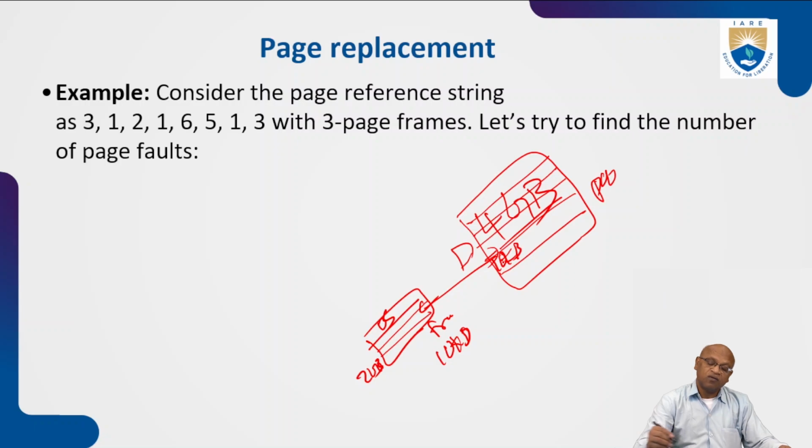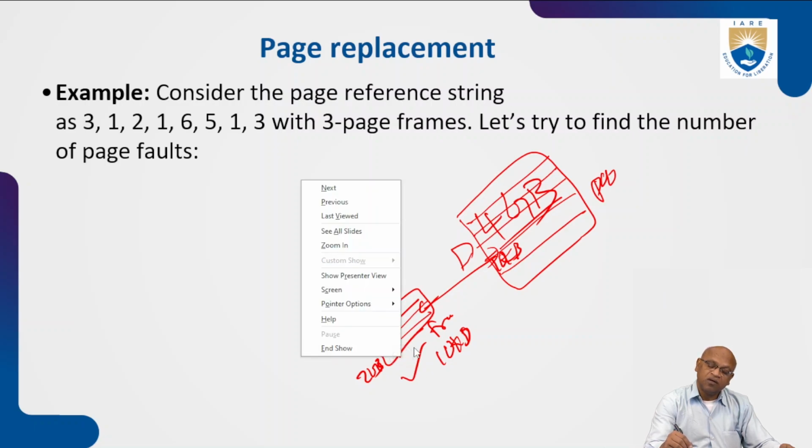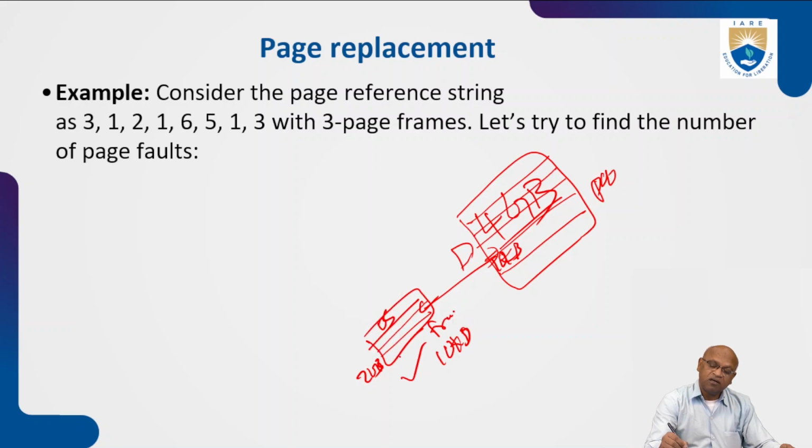Whatever number of frames are available in the RAM, that many pages will be brought in. Suppose there are 10 available. The first 10 pages are transferred, and we maintain the page table, which records which page is coming to which frame.